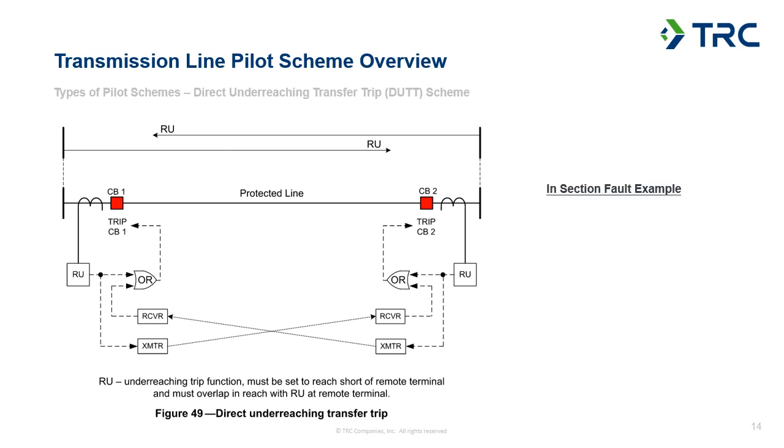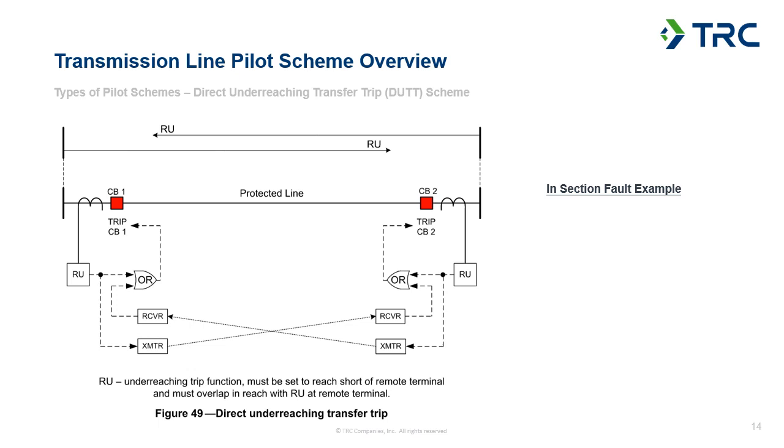So this type of scheme really has to be used in conjunction with at least the zone 1 portion of a step distance scheme, because we're going to need to be able to trip instantaneously for a fault that's close in that the remote terminal may not see in its underreaching element. So for our communications channel, we're sending that single bit. For our relay elements used in this scheme, we're only looking at an underreaching element.